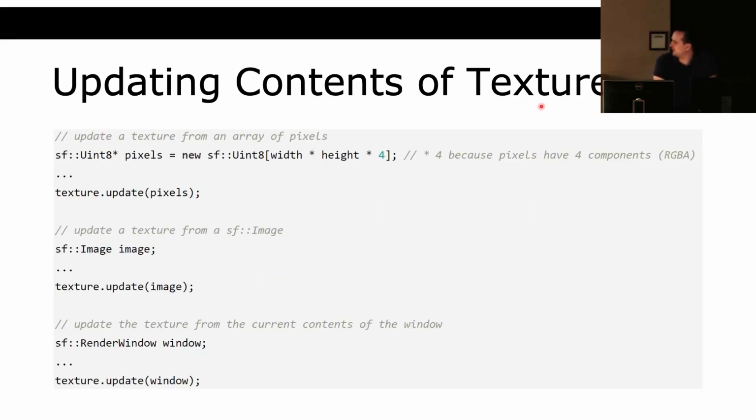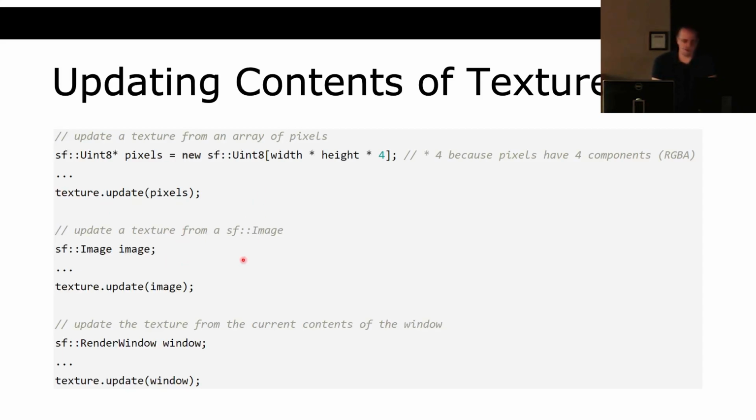Once we've created a blank texture, there are many different ways that we can modify it. I know that in person this may be quite small. I just wanted to include it all in the slides for reference. So here is how we would create a new raw array of pixels that we can use for a texture. And then we can update the pixels from an existing texture if we want to.